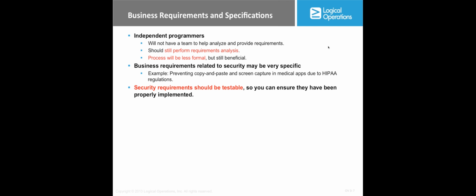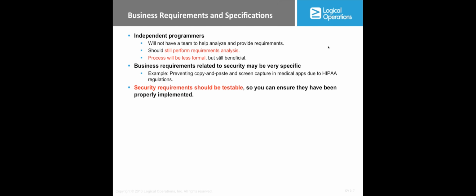Even if you're an independent programmer doing this out of your basement for fun or to make a couple extra dollars, or you have the next bright idea, the requirements and specifications should be written down on paper up front, posted on a wall or a pegboard to always remind you of where you're starting and where you should end up, even though it's going to be in a less formal manner than if you were performing it for an organization.